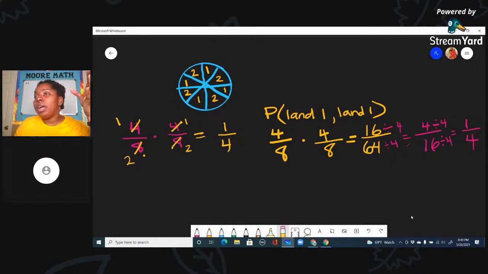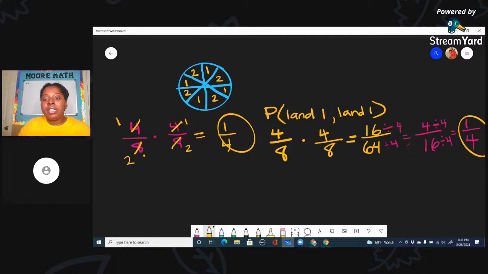It's just a shortcut for multiplying fractions. So if you struggle with cross-canceling, it's the same thing as multiplying these fractions straight across and then reducing them at the end. It's a shortcut, so you get there faster, right? We have 1/4 over here. We eventually got to 1/4 over here. So how are you with cross canceling?